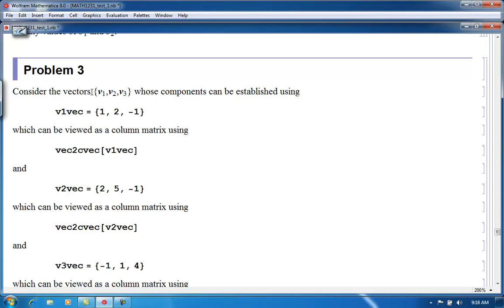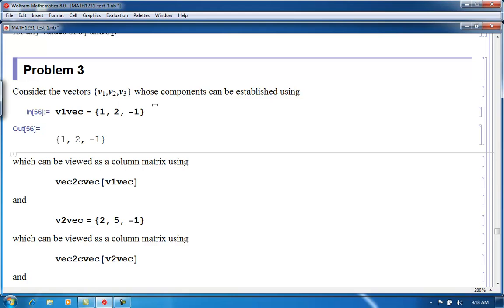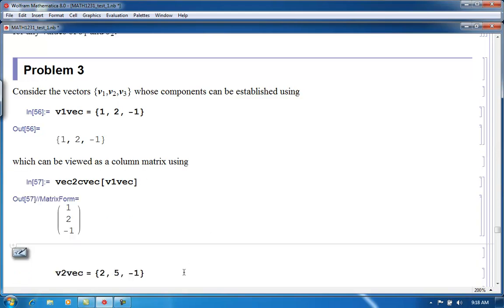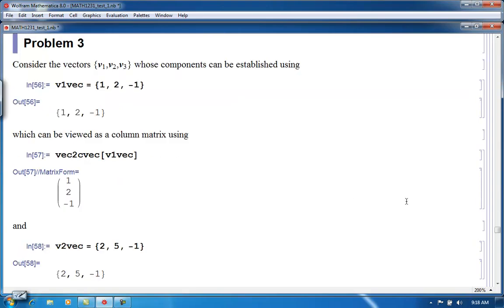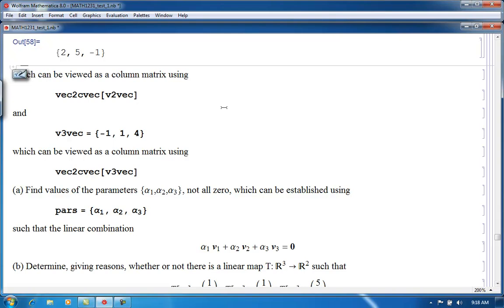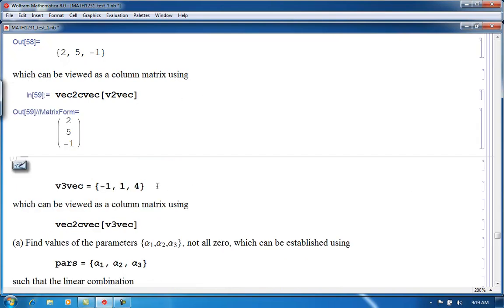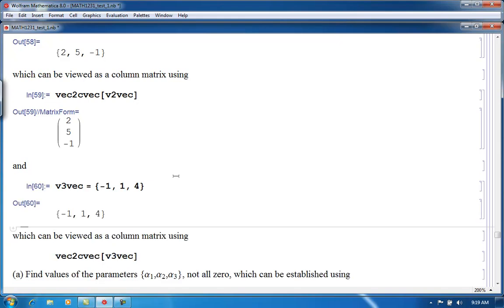So we have 3 vectors v1, v2 and v3, which we can establish using this and view like so, and then the second one and view it like so, and the third one and view it like so.